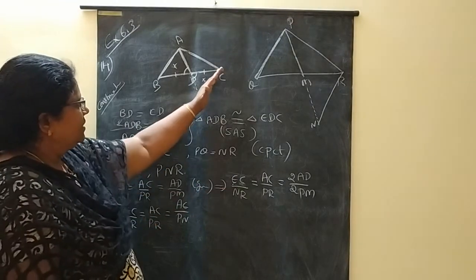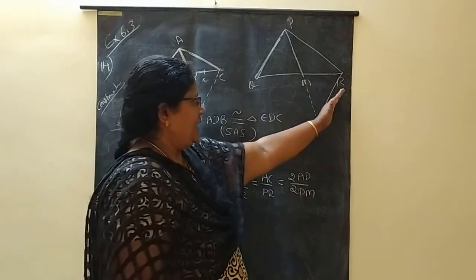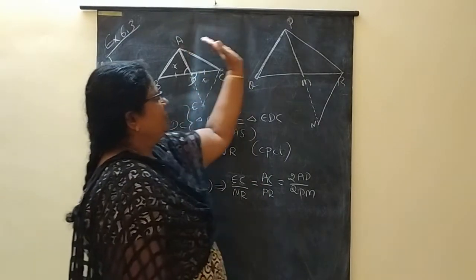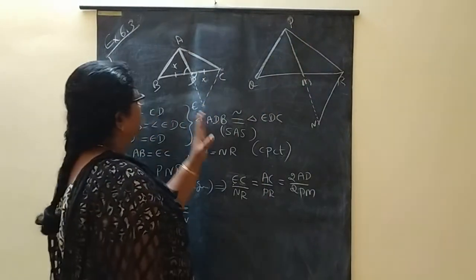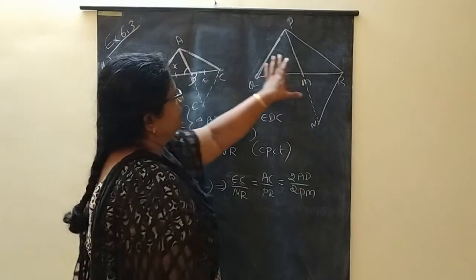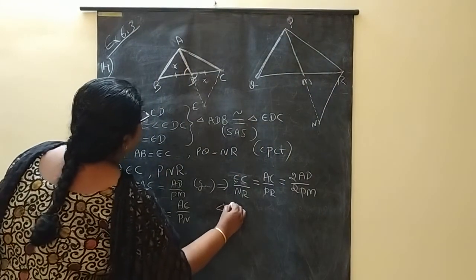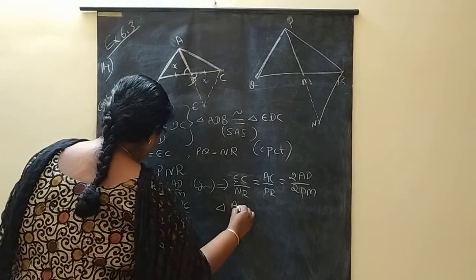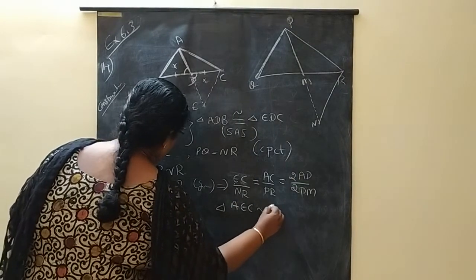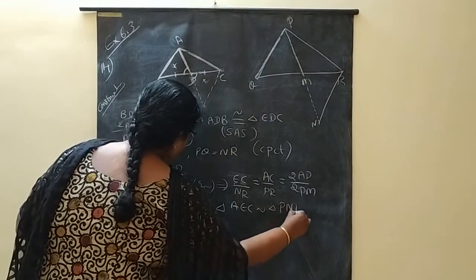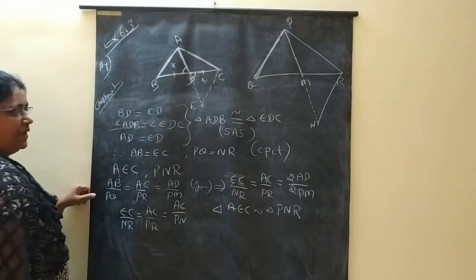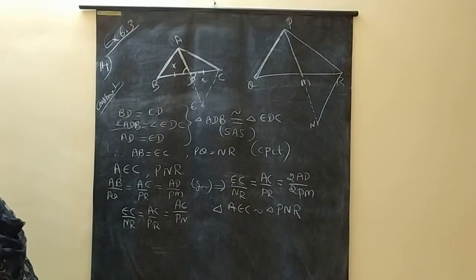Now just you see, EC by NR first, AC by PR second, and AE by PN third. This much is equal to this much. So triangle AEC is similar to triangle PNR by SSS similarity criteria.